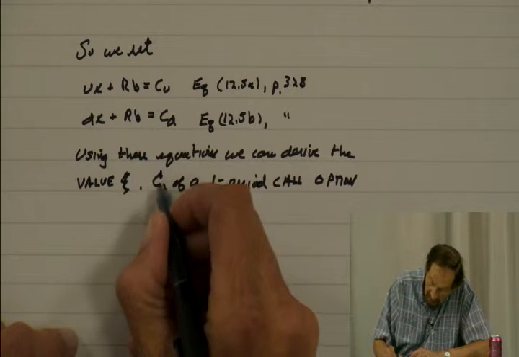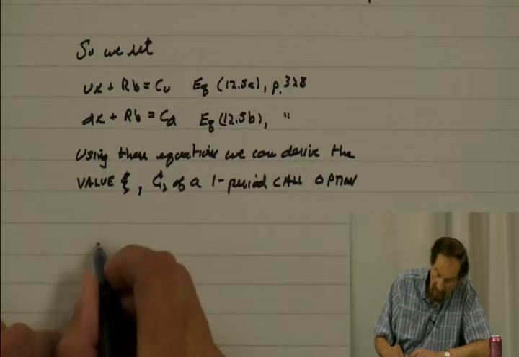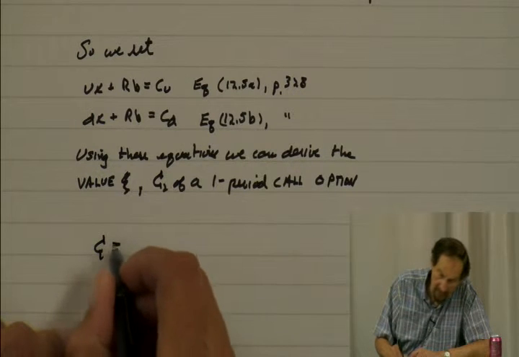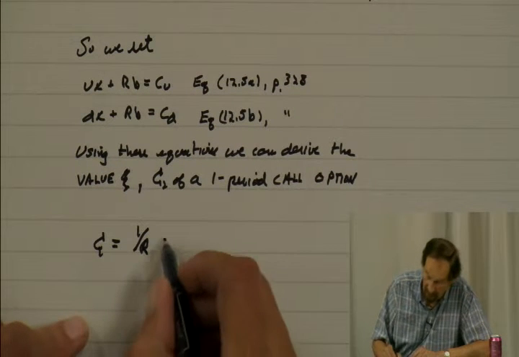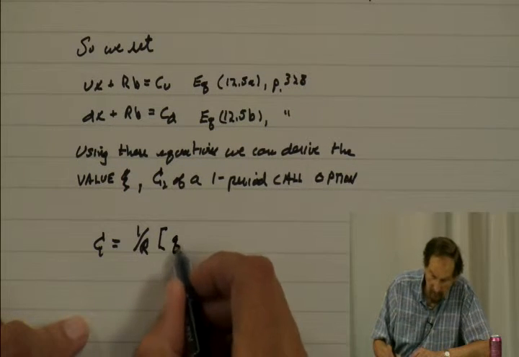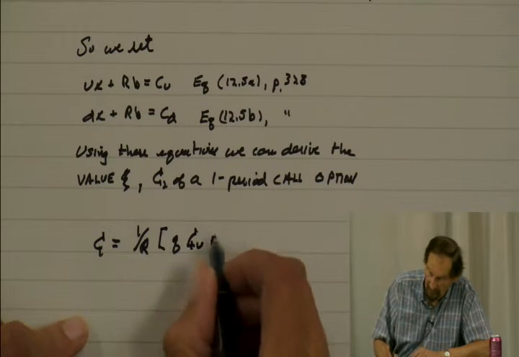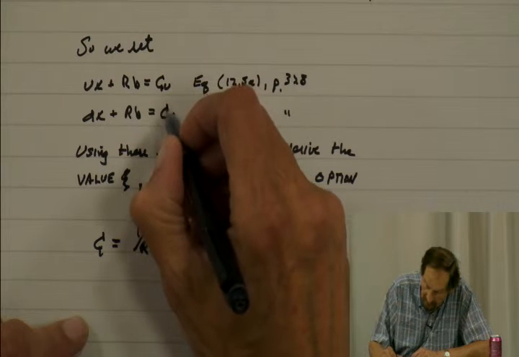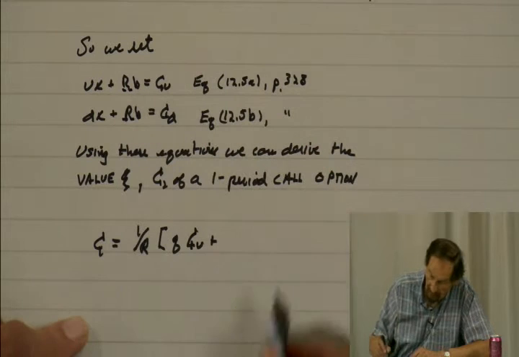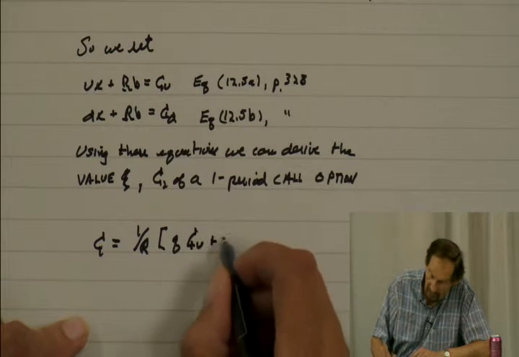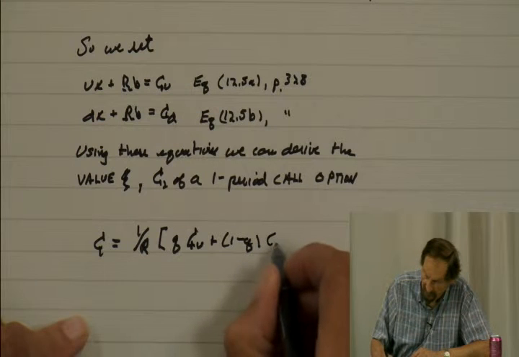Let's call this C. We'll say that that value equals 1 over R times Q CU plus 1 minus Q CD.